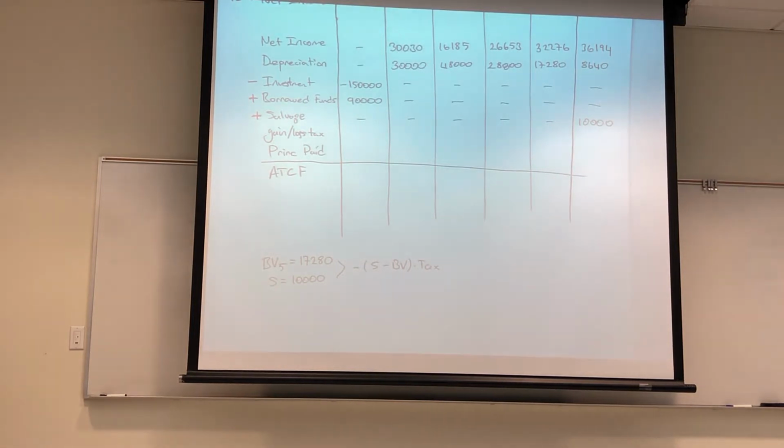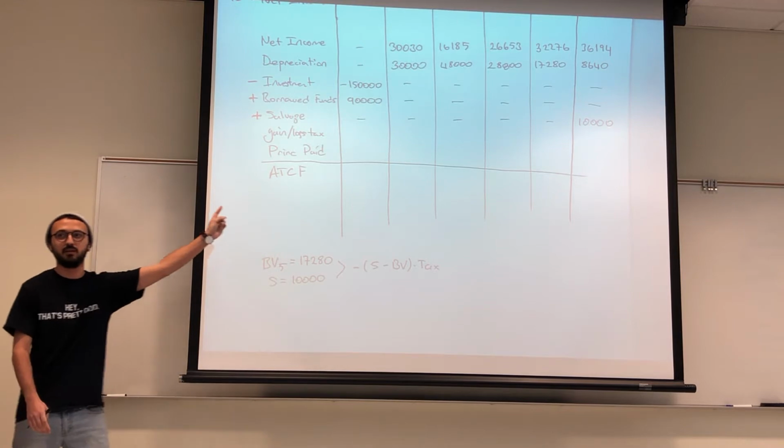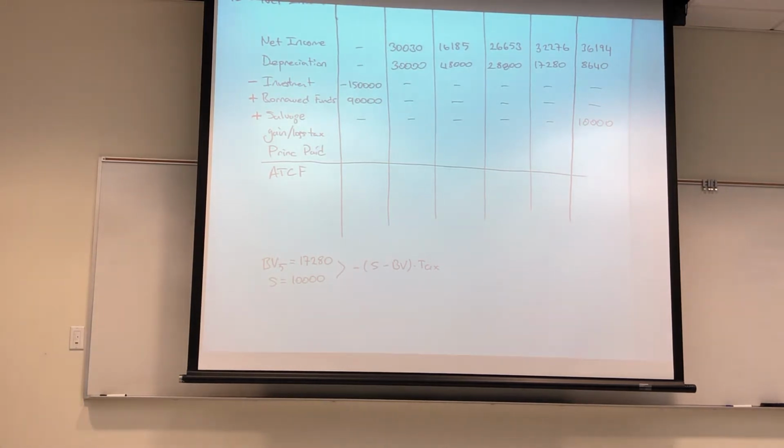So this is going to give you exactly the thing you're looking for to put in that cell right there. So there are two possibilities. Either this is positive or this is negative. If this is positive, which means that you want the book value at 4 or at 5? 5.